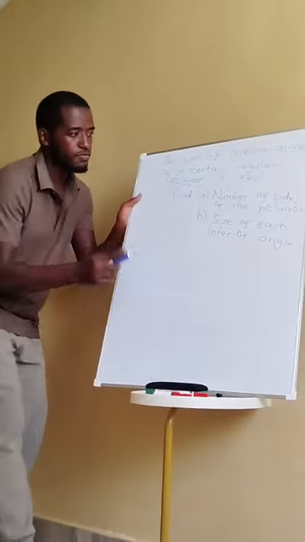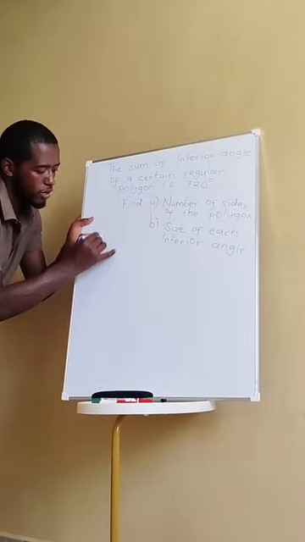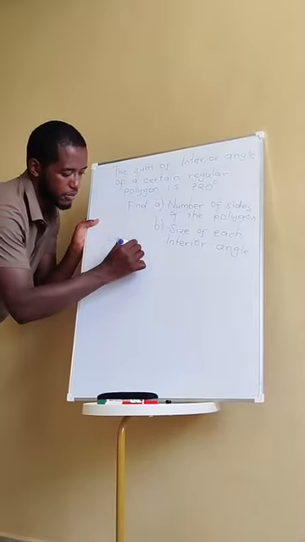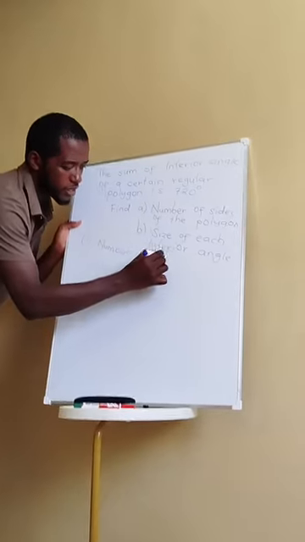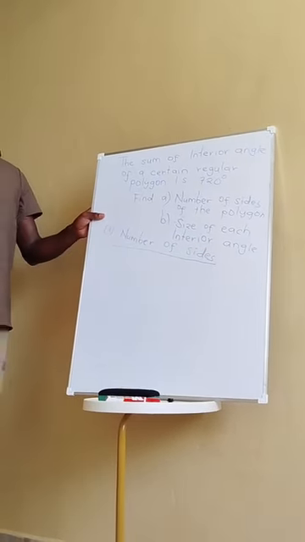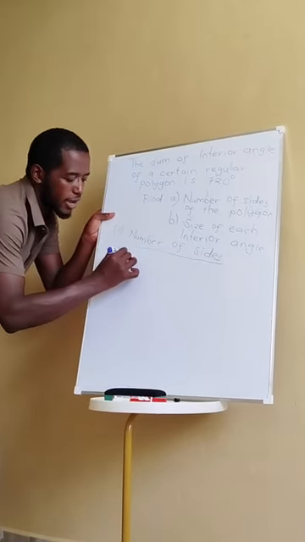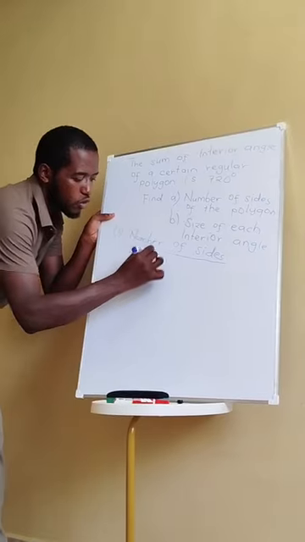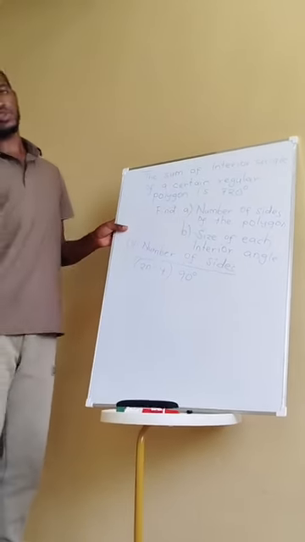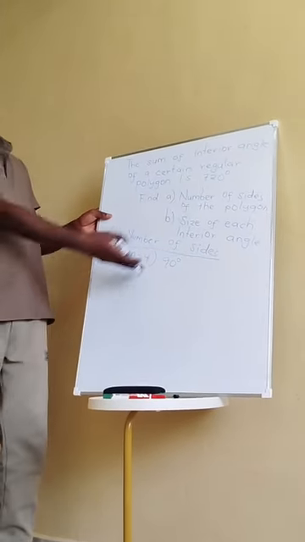So, let us solve. Number one, you have to solve for the number of sides. What do we use? We use the formula 2n minus 4 times 90 degrees or n minus 2 times 180 degrees.